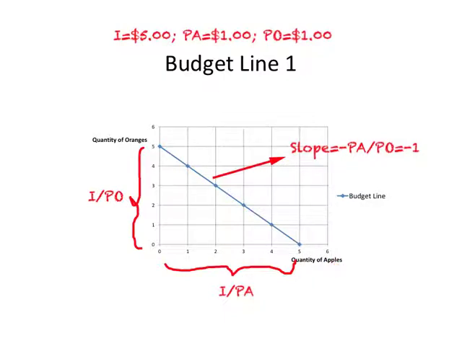And then we also figured out the slope of this budget line, which is negative price of apple divided by price of an orange, and in this case it will be -1. Now in this video what we do is we compare different budget lines to this budget line 1 in terms of consumption choices or real income.